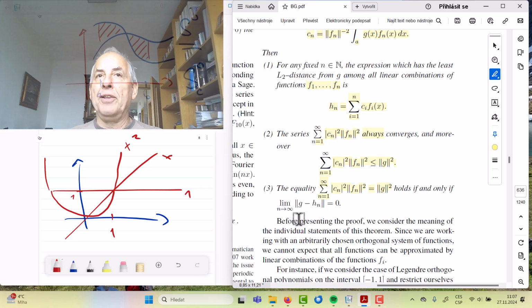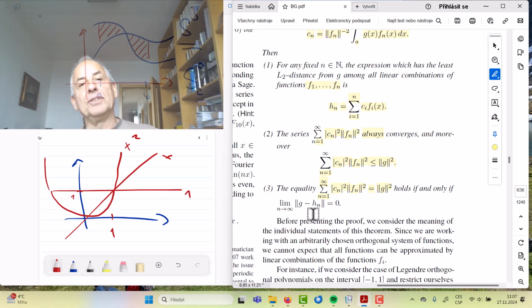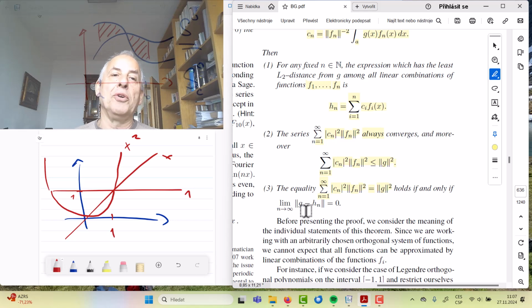We do not say anything about pointwise convergence. We just say that it does converge as the sequence of partial sums in the L2 norm, which is actually something which is much more pleasing. Well, we should also like to know whether it pointwise converges, but this is even more interesting.